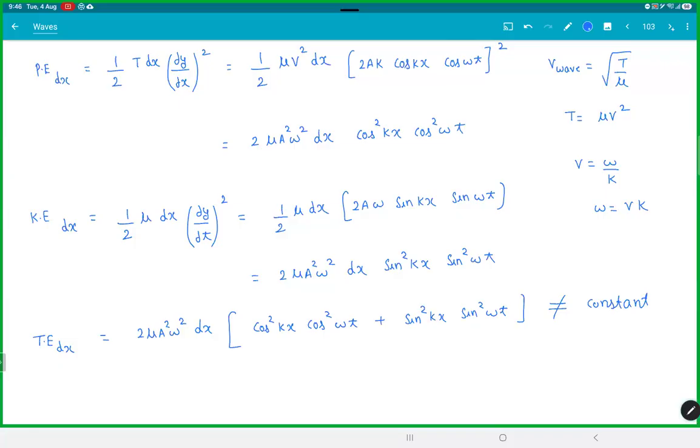But there is one exception, and this could be a really good question. In a stationary wave, there is a segment whose energy is constant. That one exception is, suppose kx becomes equal to pi by 4 or 3 pi by 4, or any odd multiple of pi by 4, then interestingly, cos square kx and sin square kx will become equal.